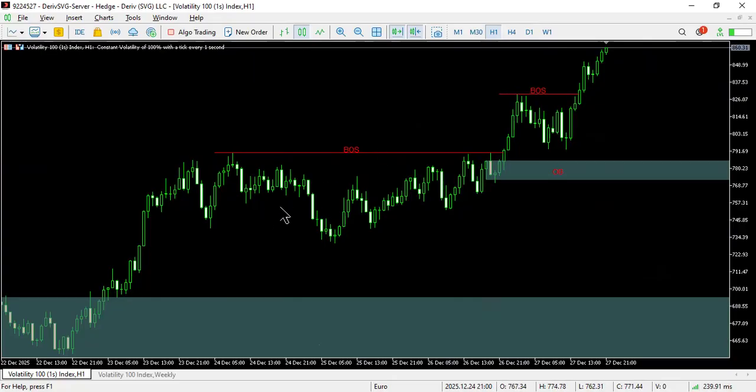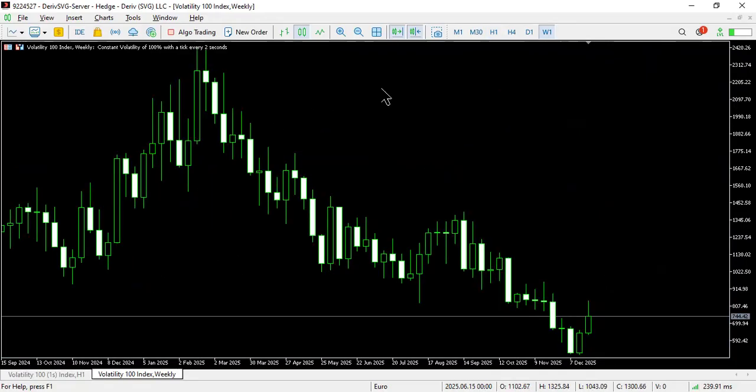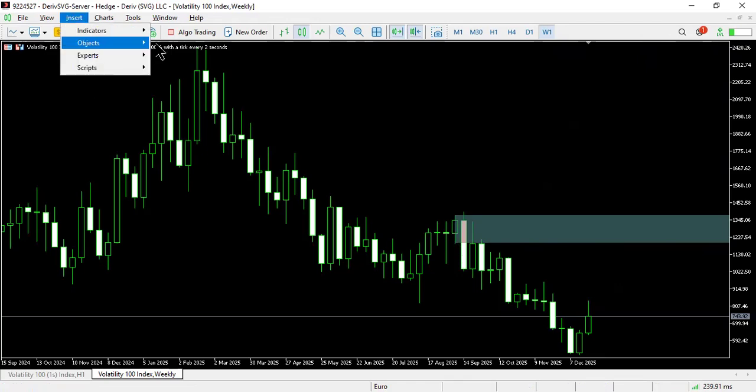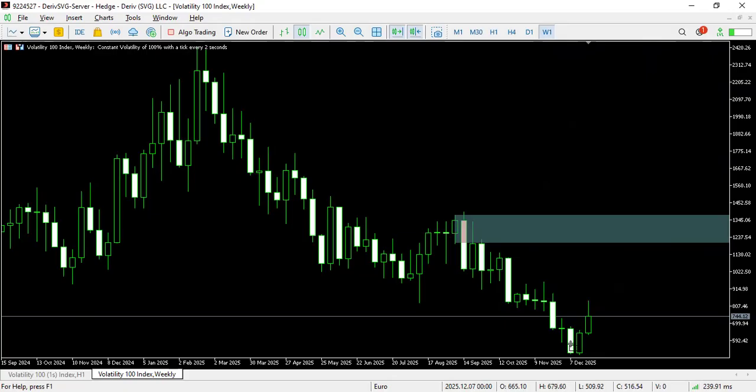And then if we go to Volatility 100, you can see we have a supply there, and then down here I can see price is forming a demand zone. Since price is at the demand zone, I'm going to be looking for buying opportunities to the upside until that supply zone.